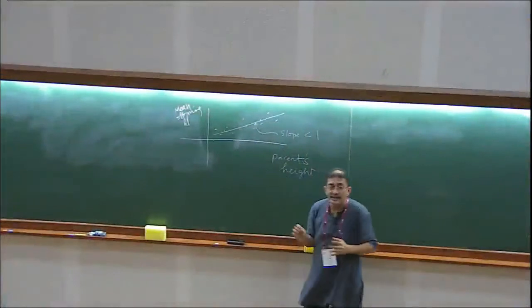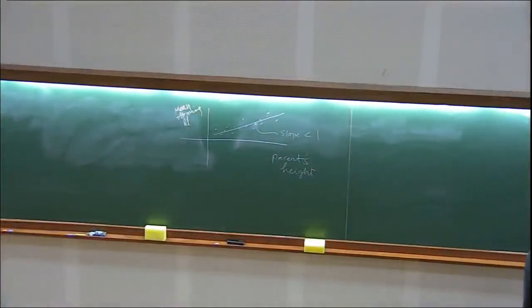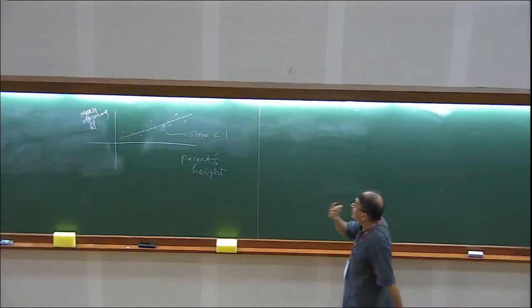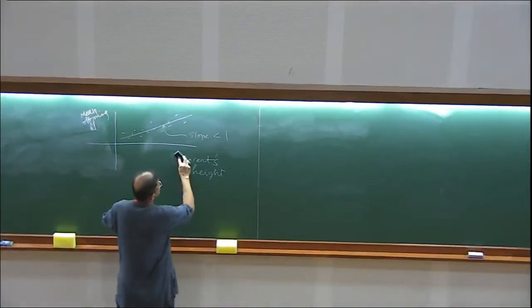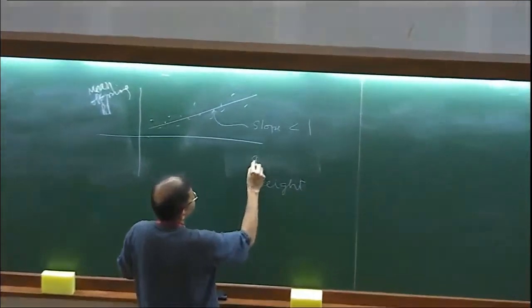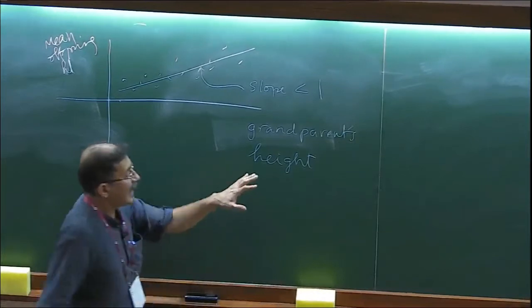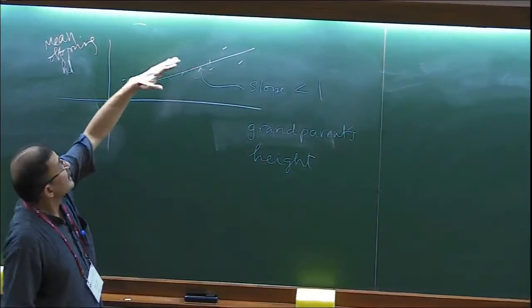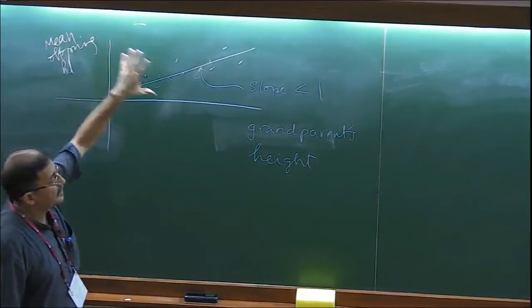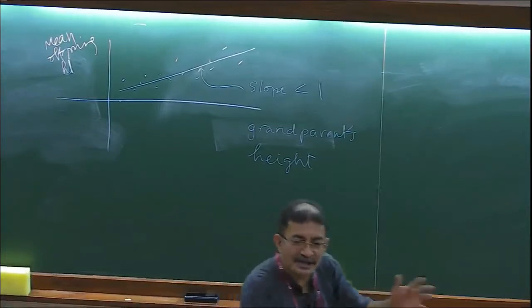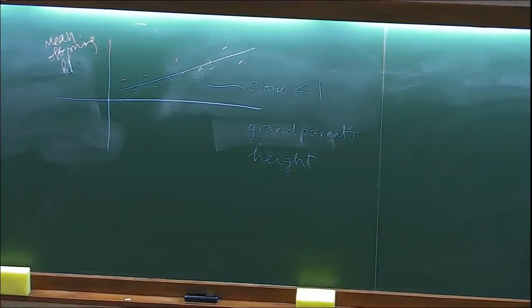And based upon this, Galton created an elaborate theory of what he called the principle or law of ancestral heredity, because he also noticed that if you were to replace this and look at the regression of grand offspring trait on grandparents' traits, you will still get a linear regression. It will be weaker. It will have more noise, it will have an even smaller slope, but it's still a non-zero slope.